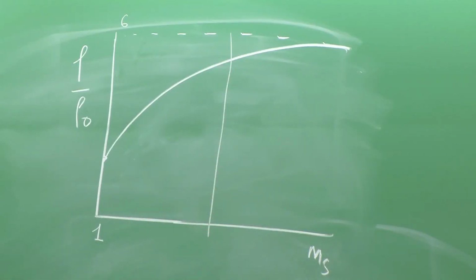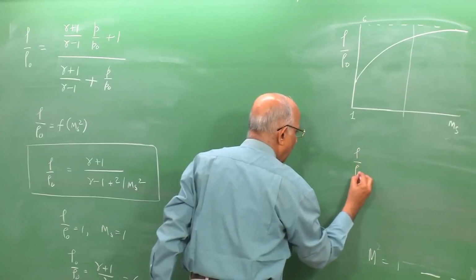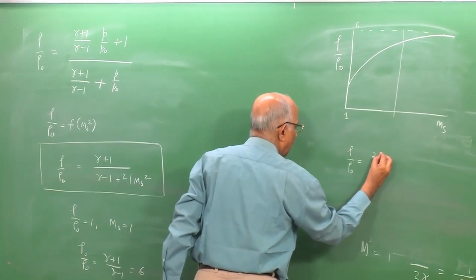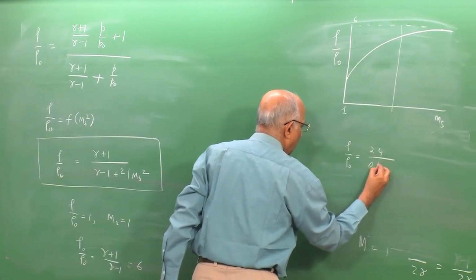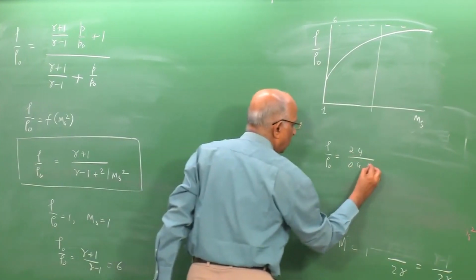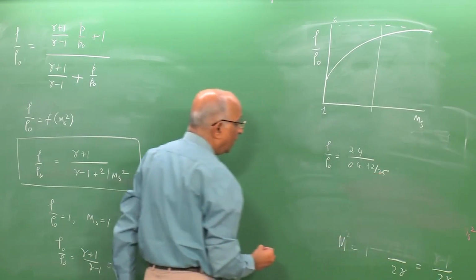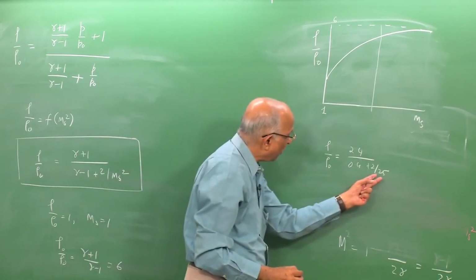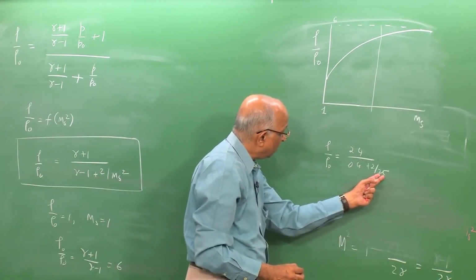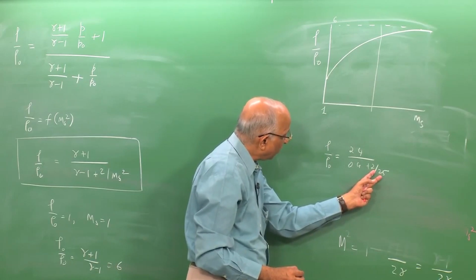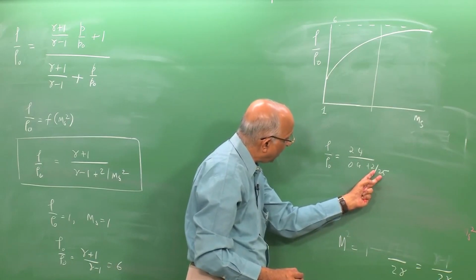Let us work out the value for 5. We get rho by rho 0 is equal to 2.4 divided by 0.4, that is gamma minus 1, plus 2 over Mach number squared. The Mach number is 5, so 2 over 25, which is something like 0.08.